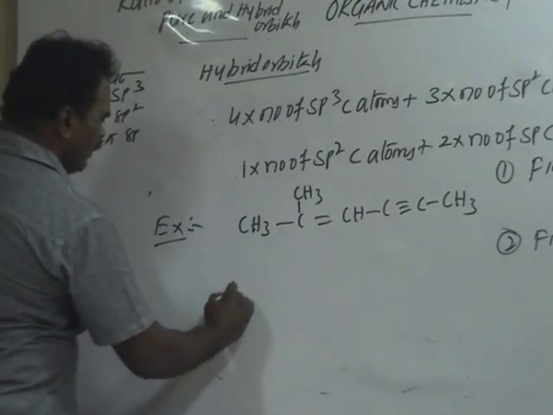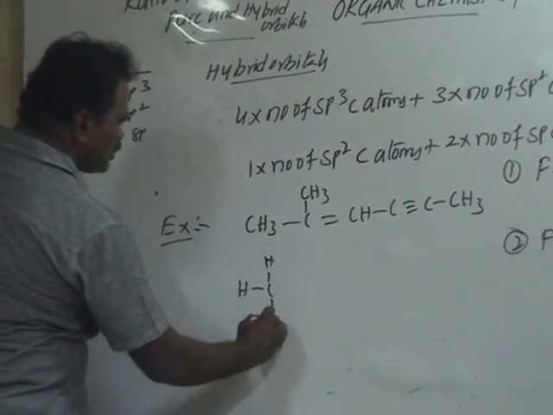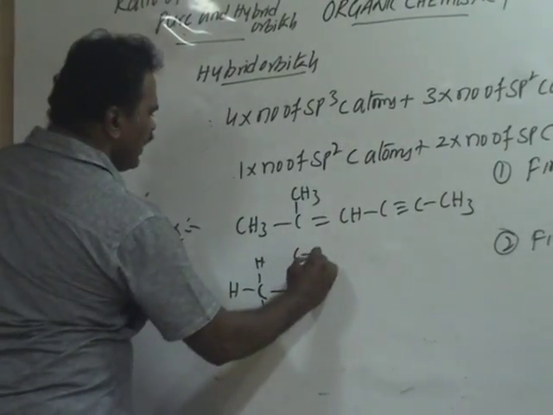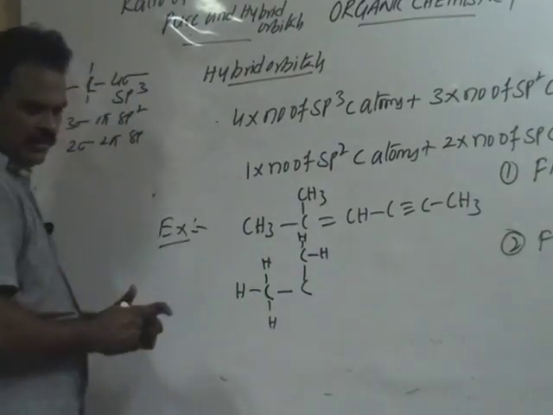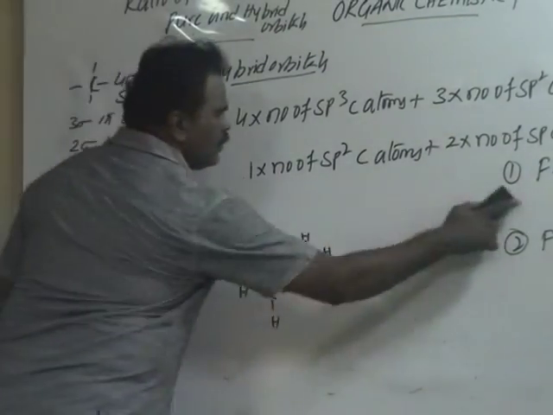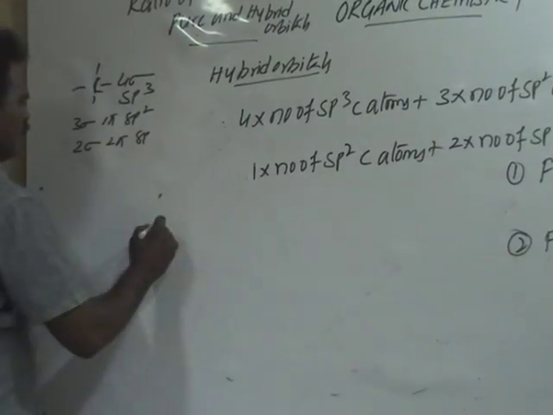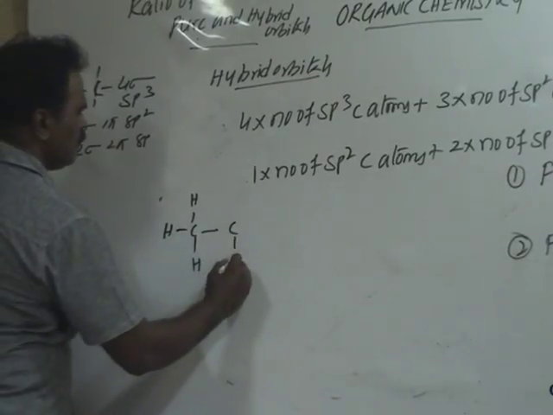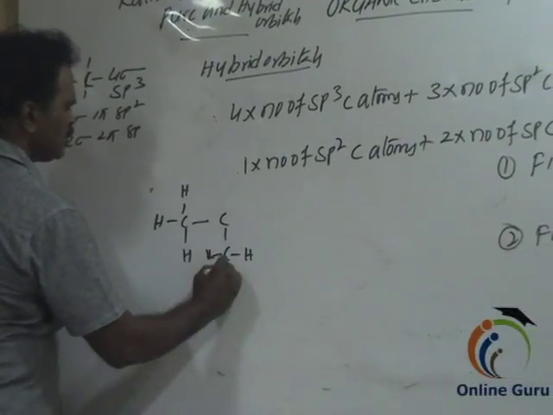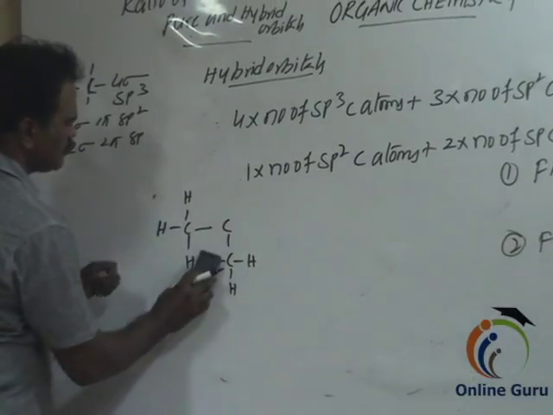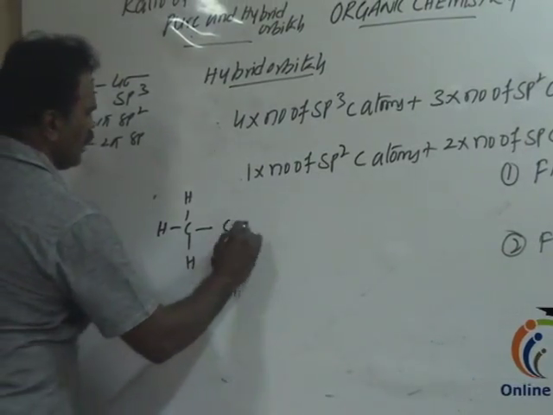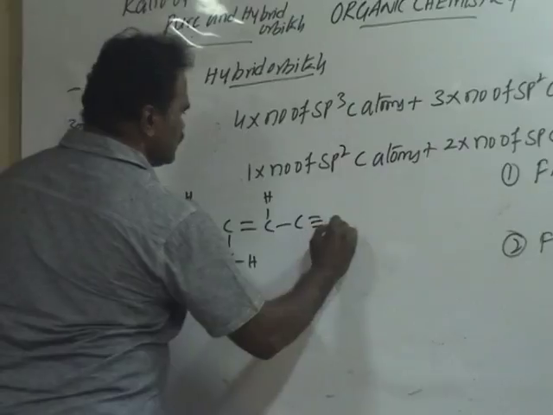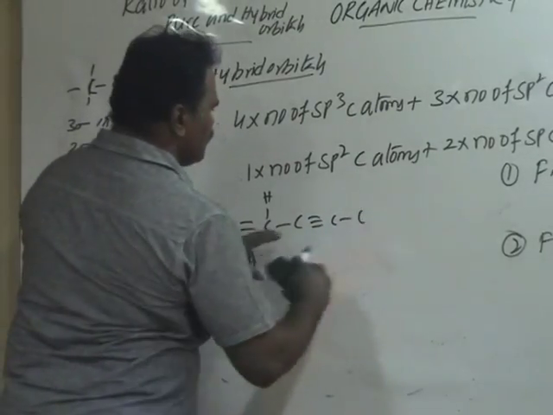Now CH3 means H bond C bond H with H, single bond, C bond C with CH3, double bond C bond H, single bond C triple bond C CH3. This is the given compound.